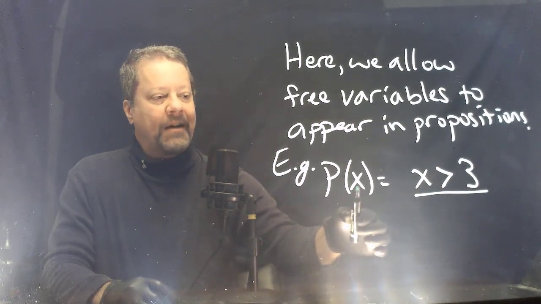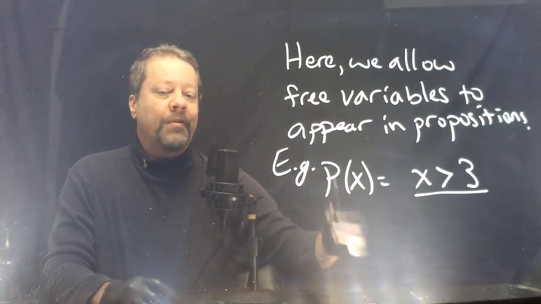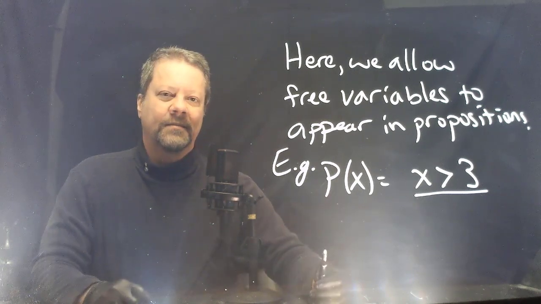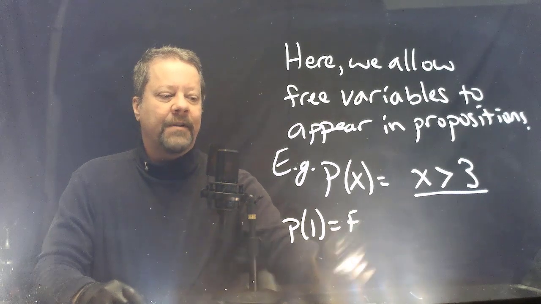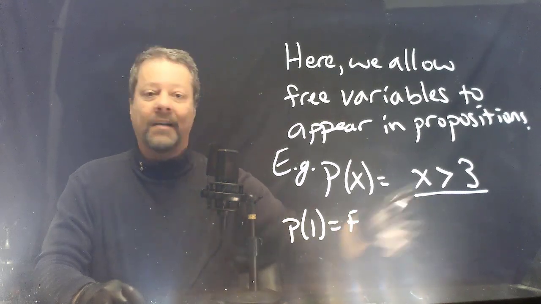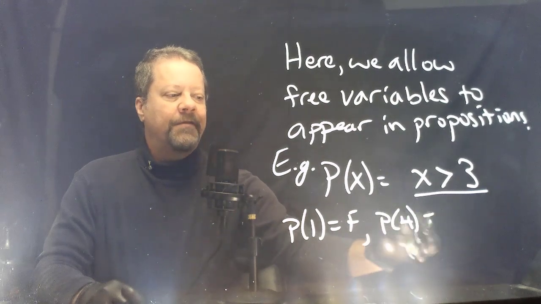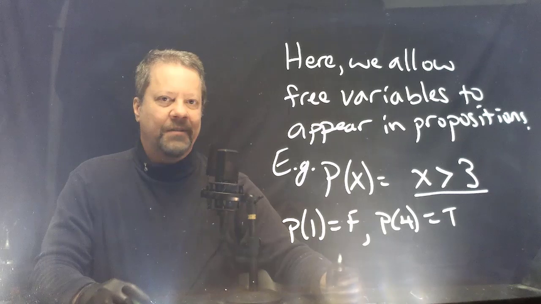So we allow a variable x to be fed into a proposition, and the truth of the proposition is then determined by the value of x. As an example, p of 1 is false because 1 is not greater than 3. But p of 4 is true because 4 is greater than 3.